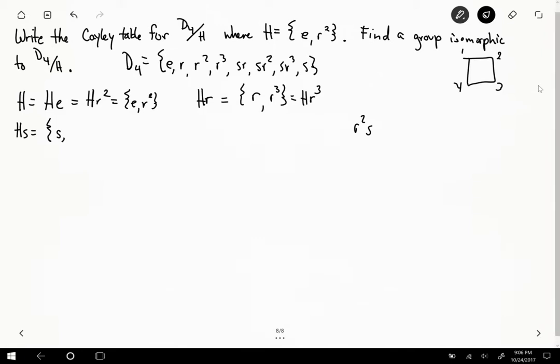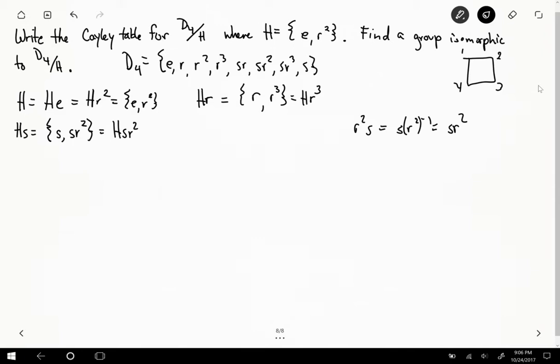Well, given how these dihedral groups work, this is S R squared, where R squared is the inverse term now. But the inverse of R squared is R squared, luckily. So this is just SR squared. So we have S and SR squared. It's not too hard to see that this is going to be H and then SR squared.